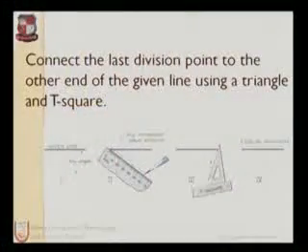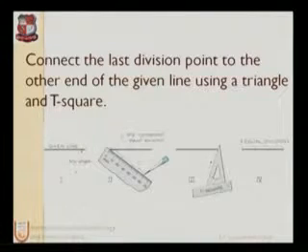So it will be easy to divide the line into three parts. It can be 15, 30, 45. So in this example we take 20 mm. So just mark it as 20 mm, 20 mm and another 20 mm. So 20, 40 and 60 mm with the help of T-square and with the help of scale.